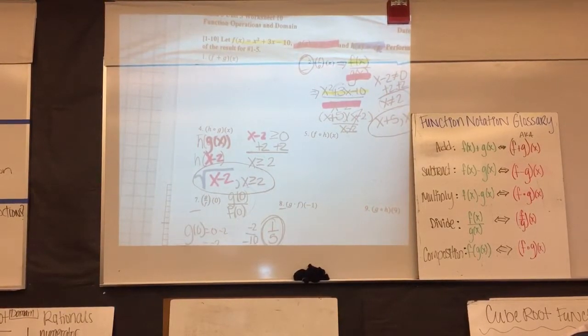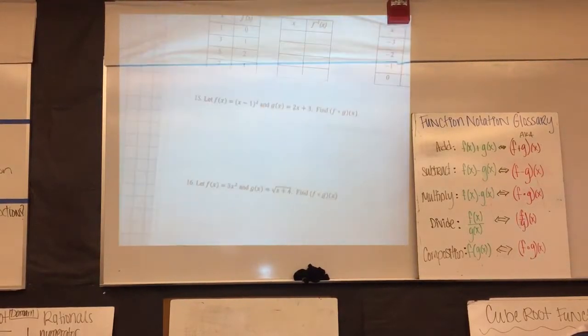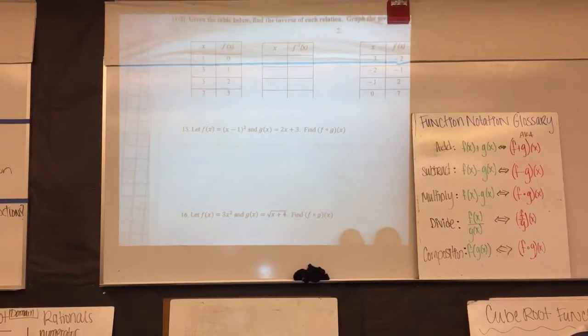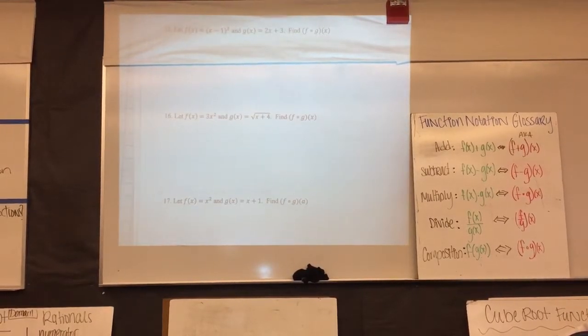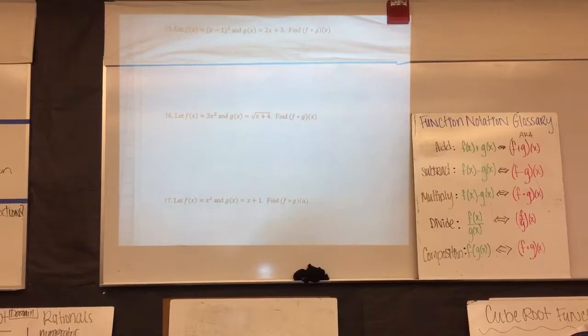Okay. I think we should probably also go over one on the back. So let's see, 15 or 16. I'm thinking that 16 might be the better choice right now. So I'm going to look at that number 16. And we see f of g here.